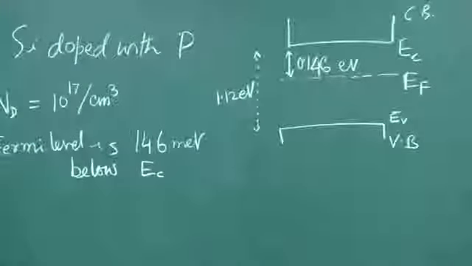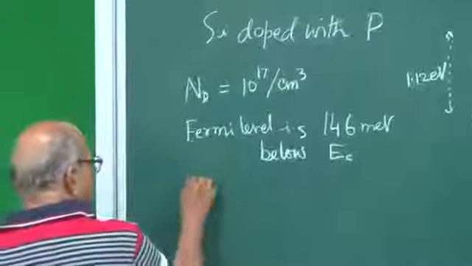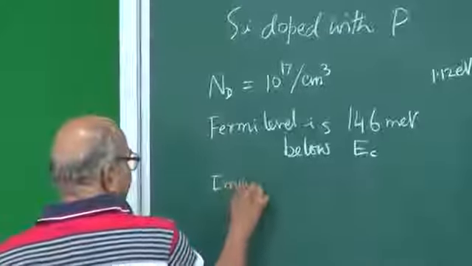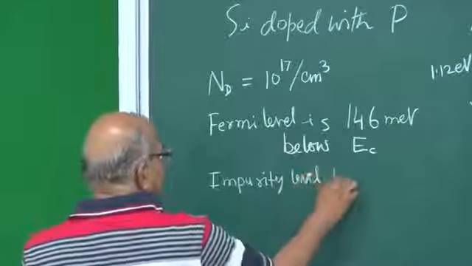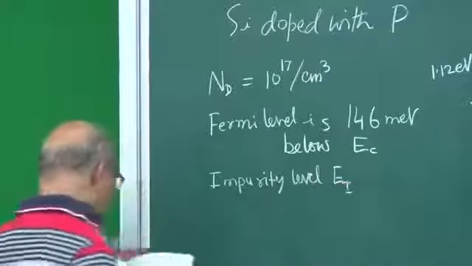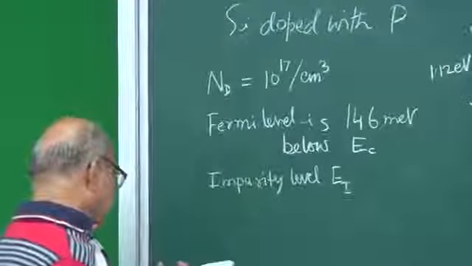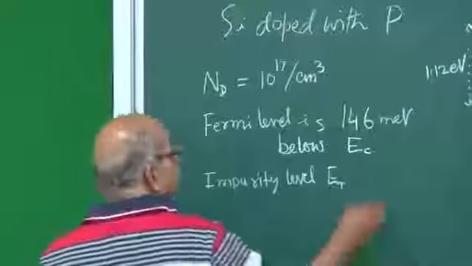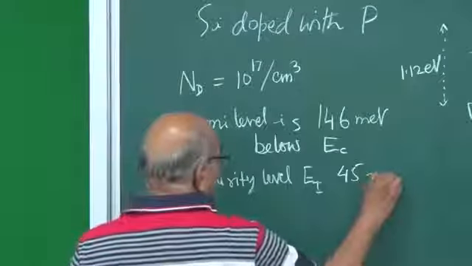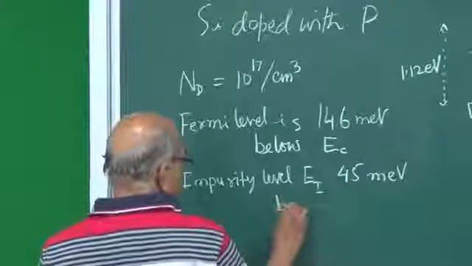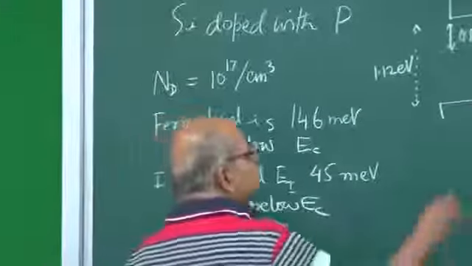And then another data is given that ED, the donor impurity level, E impurity you can call it, is 45 meV below EC. So the impurity level is formed somewhere here.